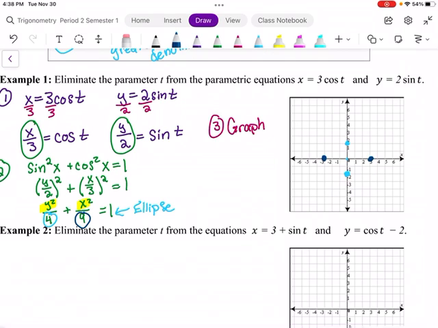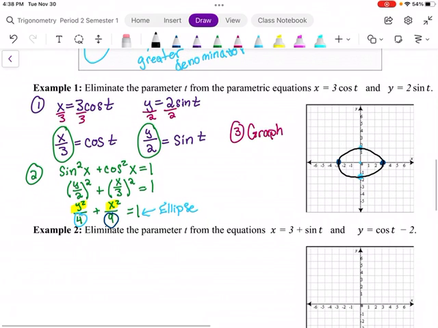Then once you have that, you can draw your ellipse in the graph. So for this, your answer is 2 different parts. One part is the graph, and the second part is the equation that we have written down over here for the graph. So those are the 2 parts that you would need for your answer here.